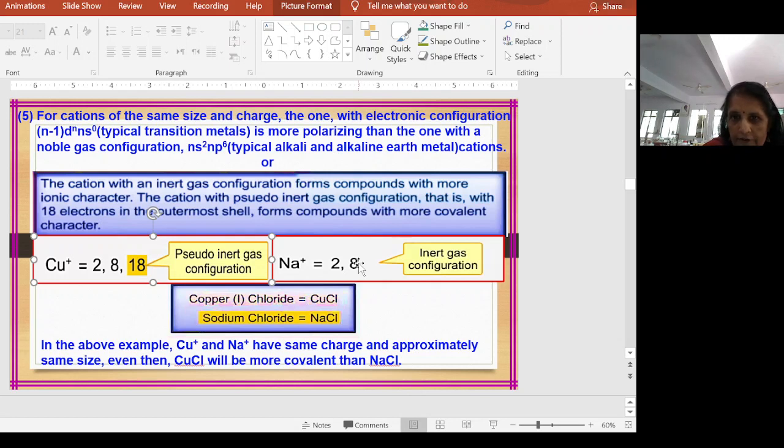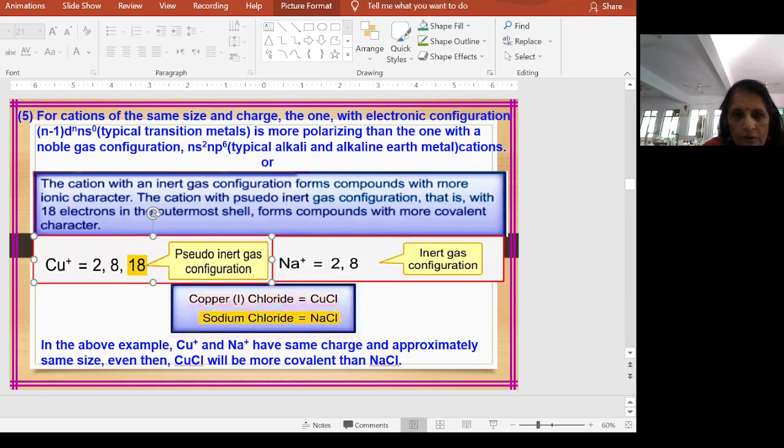The cation with a pseudo inert gas configuration will have more covalent character. You can simply understand it this way: a metal from the typical transition metal series, in comparison to normal representative block elements like alkali metals or alkaline earth metal cations, will have more covalent character than the one which is not.